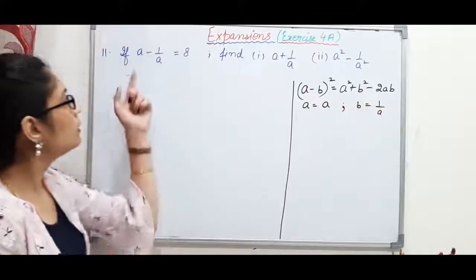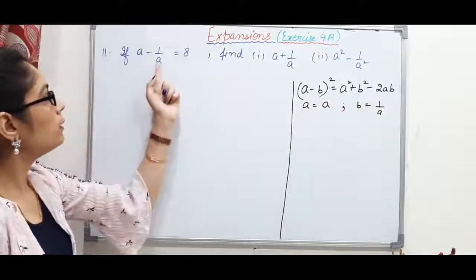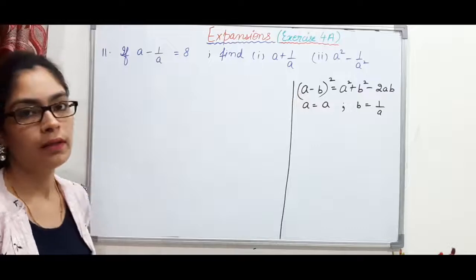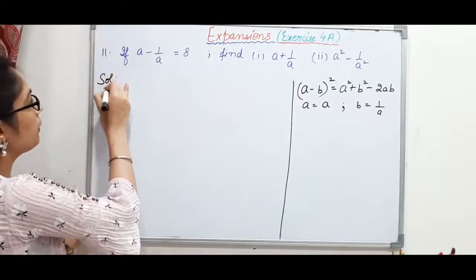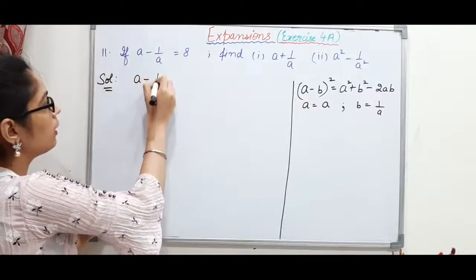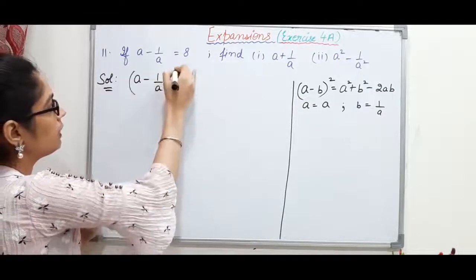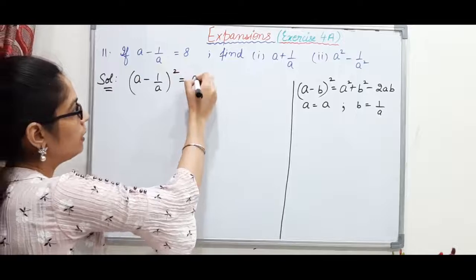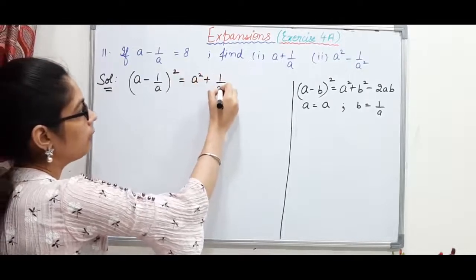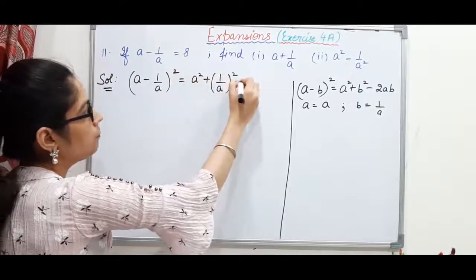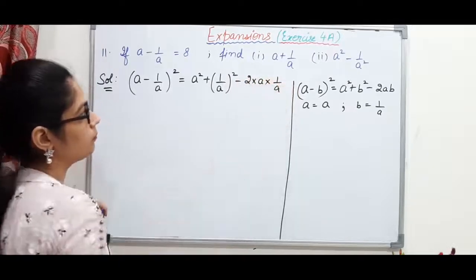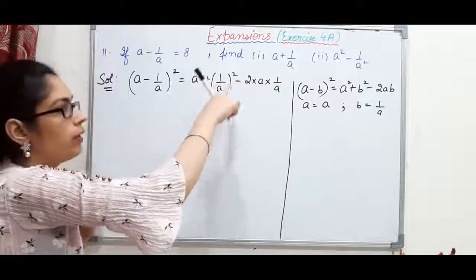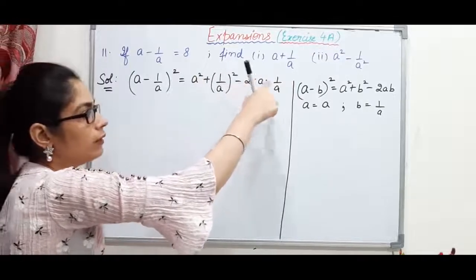Same thing, a is a and minus b, b is 1 by a. So let's start by using this expansion, a minus 1 by a whole square. This is a square plus 1 by a square minus 2 into a into 1 by a. So a square plus b square minus 2 into a into b.